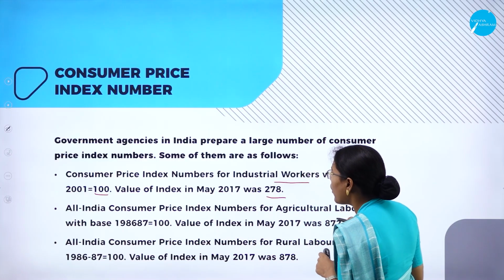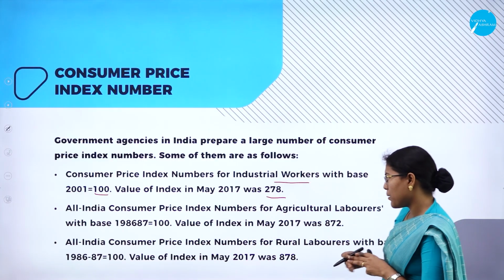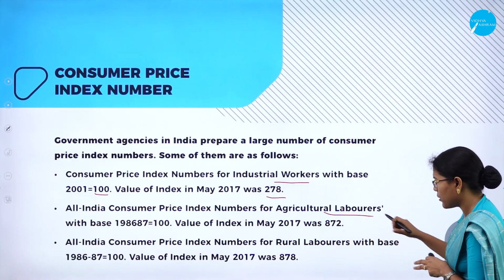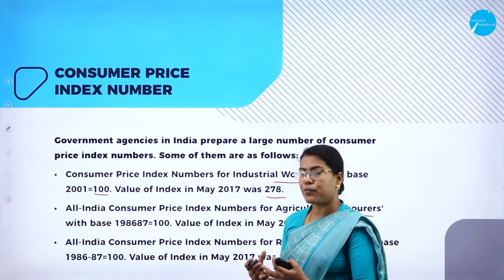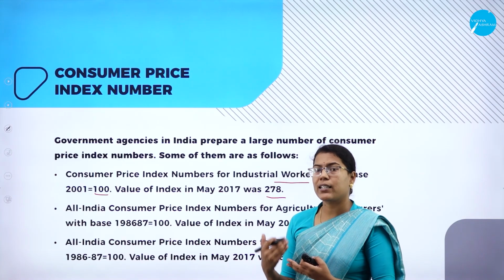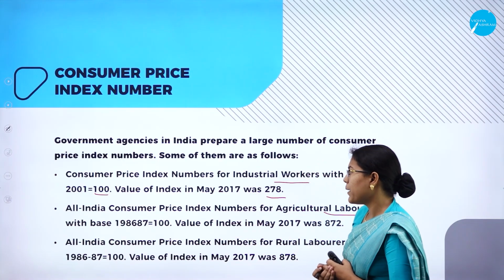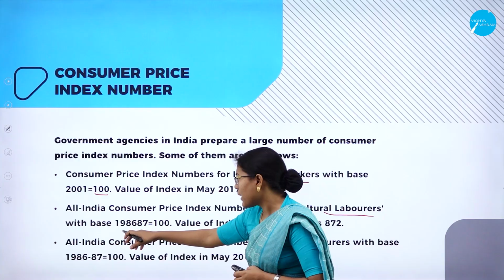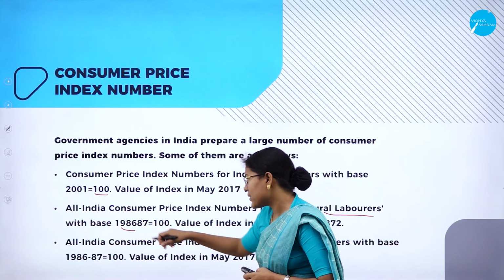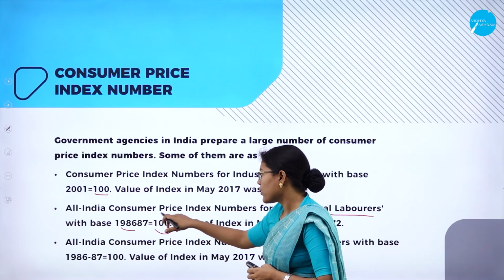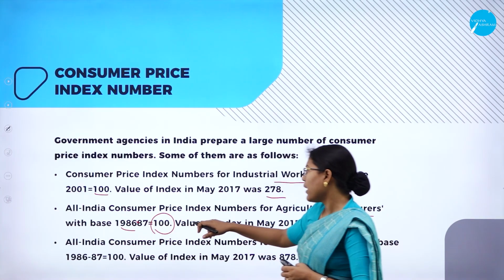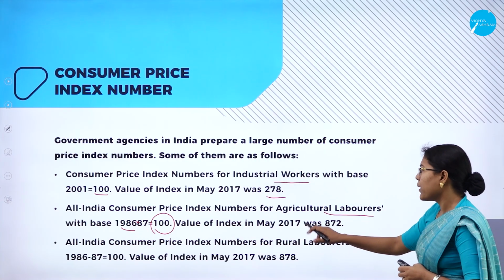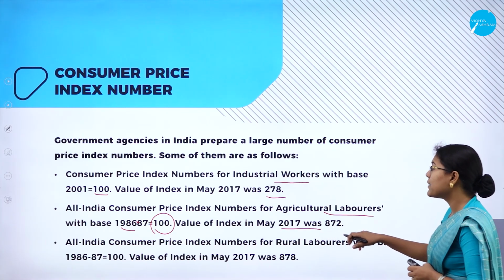percent. Then All India Consumer Price Index numbers for agricultural laborers. When we calculate the index number for agricultural laborers, whether they have increased or decreased, the base is 1986 to 87, where the base was 100, and the value of the index in May 2017 was 872.